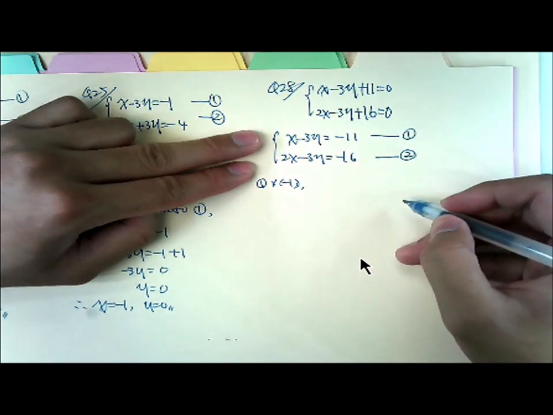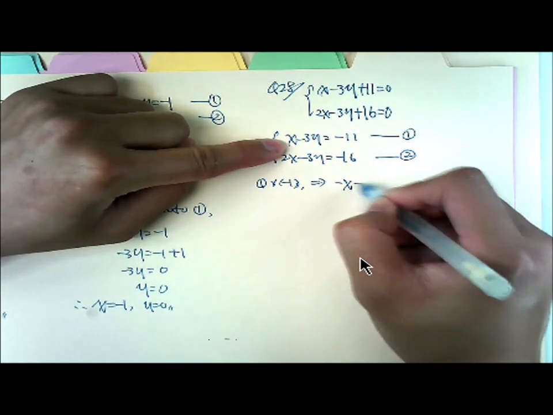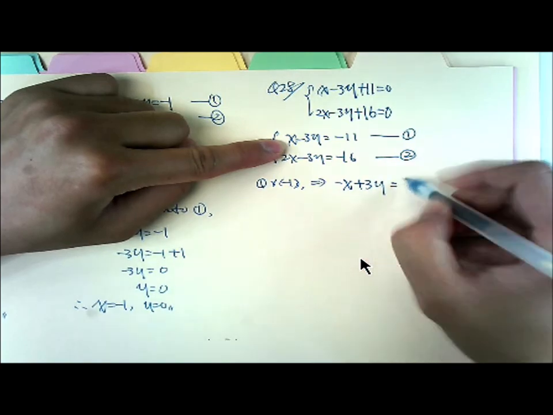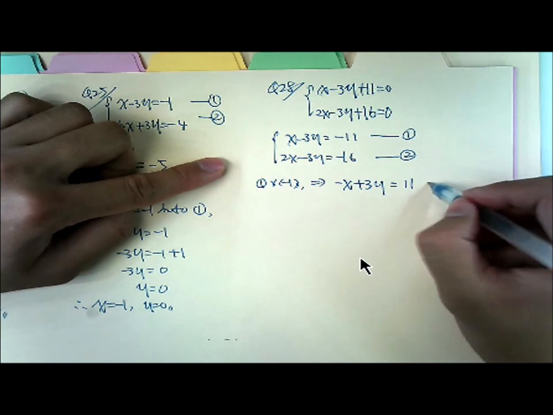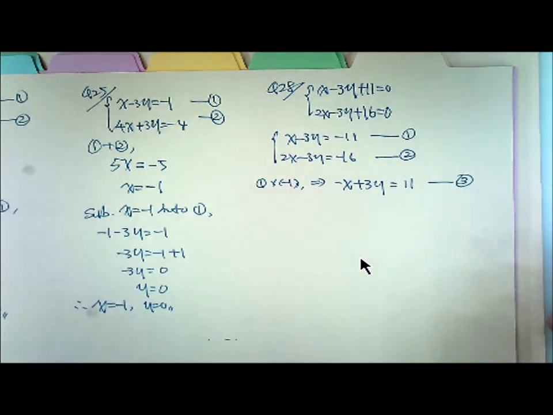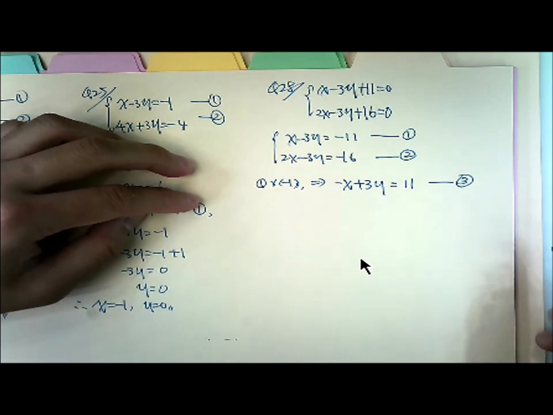So what will be given? It would be minus x plus 3y equals positive 11. Understand? With this, you can give a name. This is equation 3.